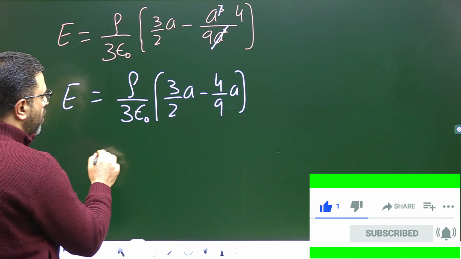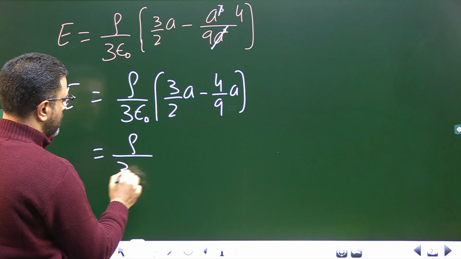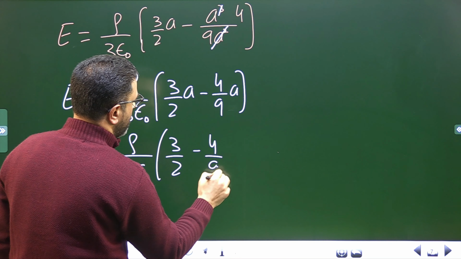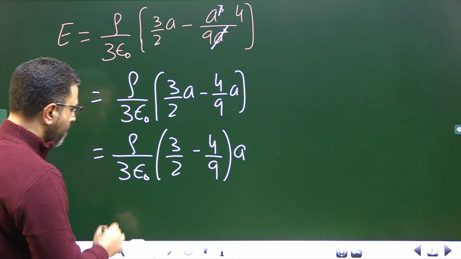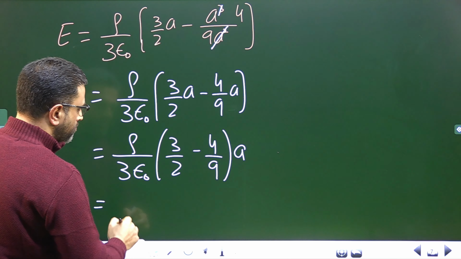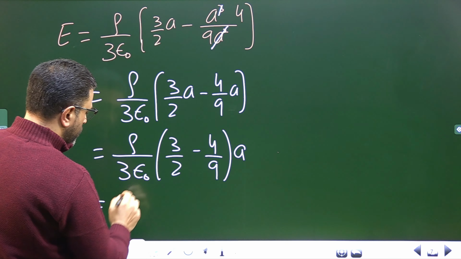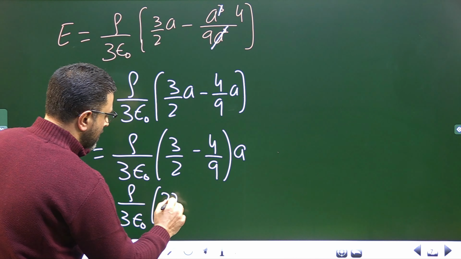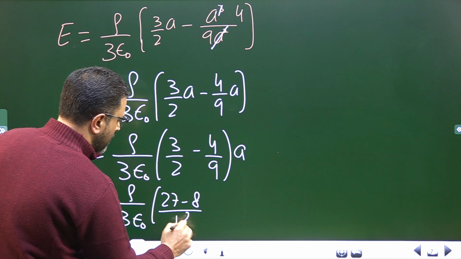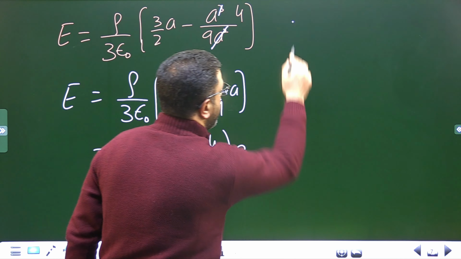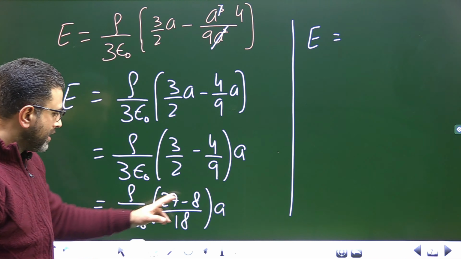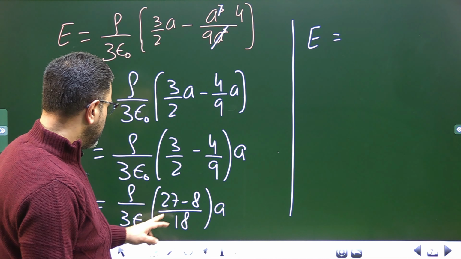We can take this A common, so we have rho divided by 3 epsilon 0, 3 by 2 minus 4 divided by 9 times A. So this becomes 9 into 3 is 27, rho divided by 3 epsilon 0, 27 minus 8 divided by 18 times A. So E is equal to 27 minus 8 is 19.